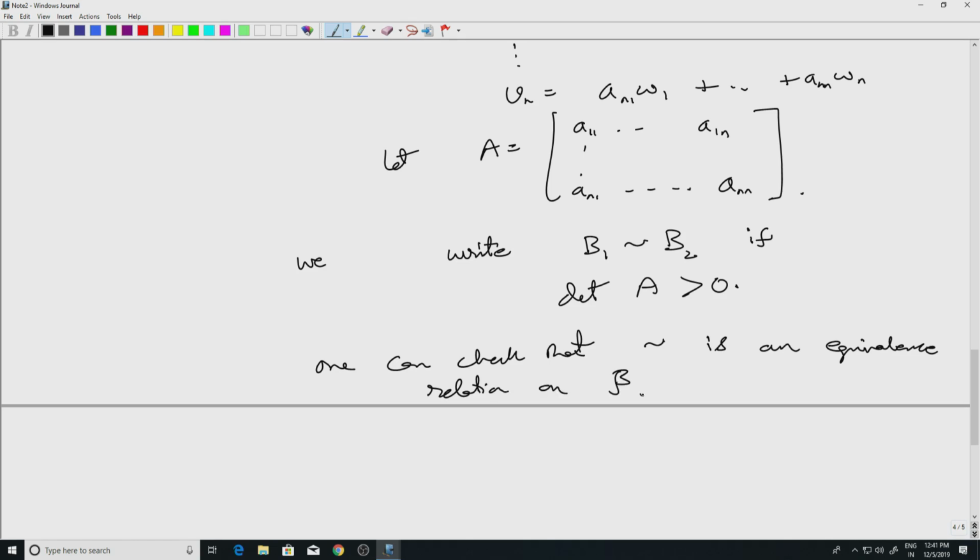In other words, reflexivity, symmetry and transitivity hold for this relation tilde.